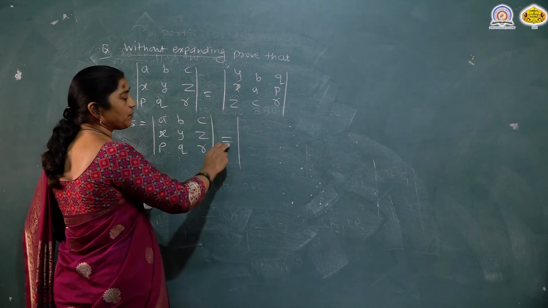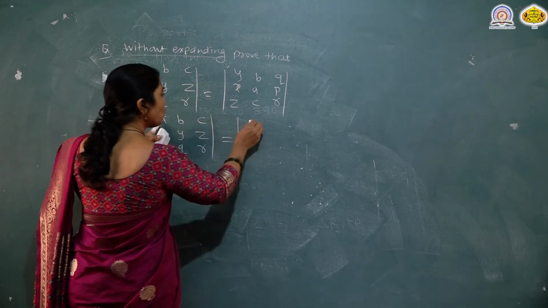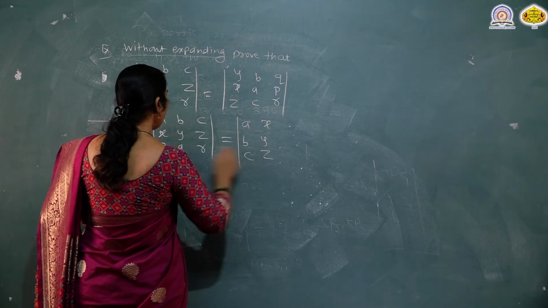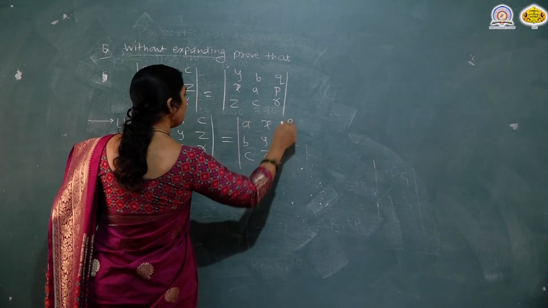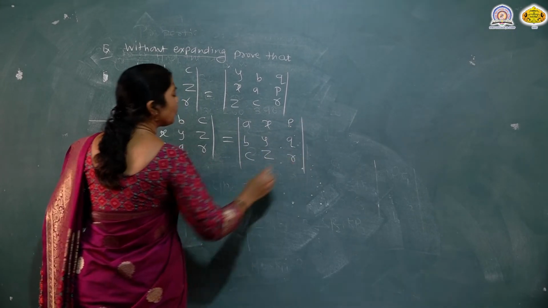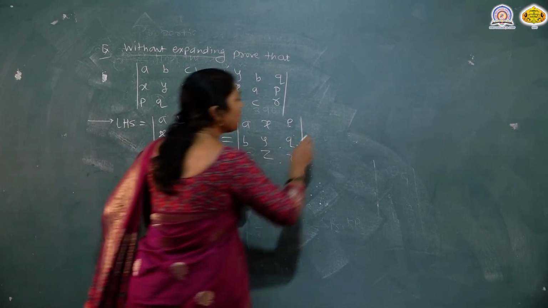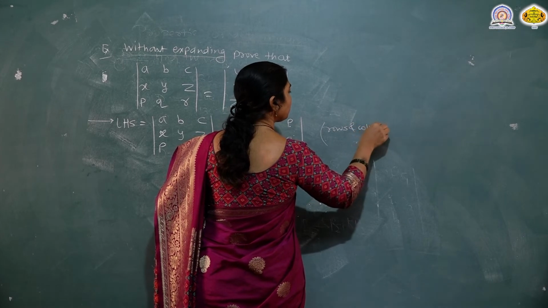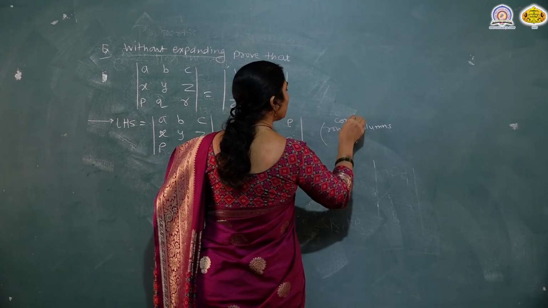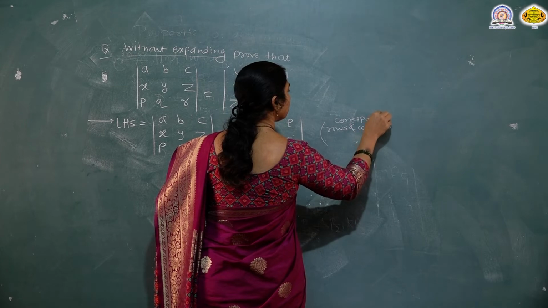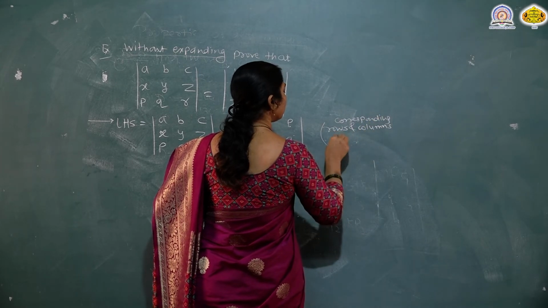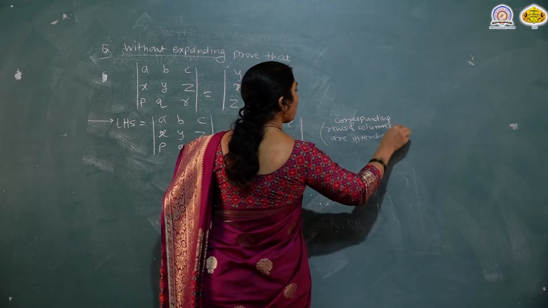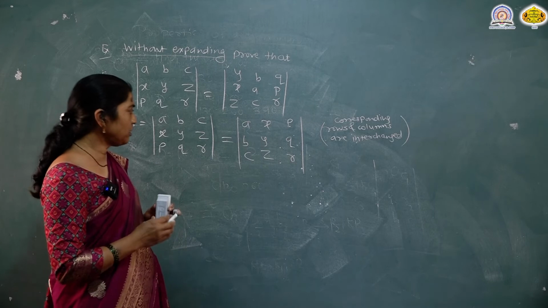First row becomes first column, second row becomes second column, and third row becomes third column. The value of the determinant remains the same if rows and columns are interchanged, because these are corresponding rows and columns.